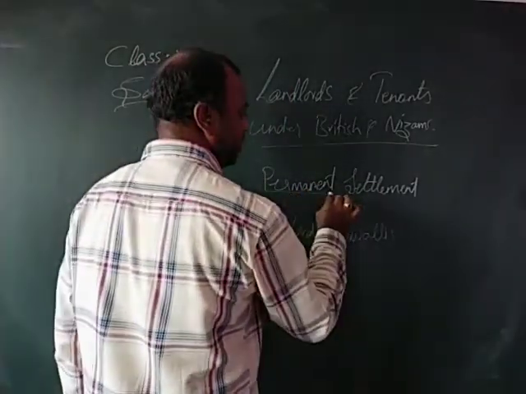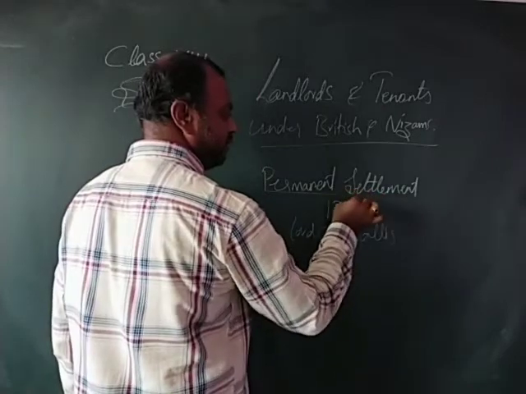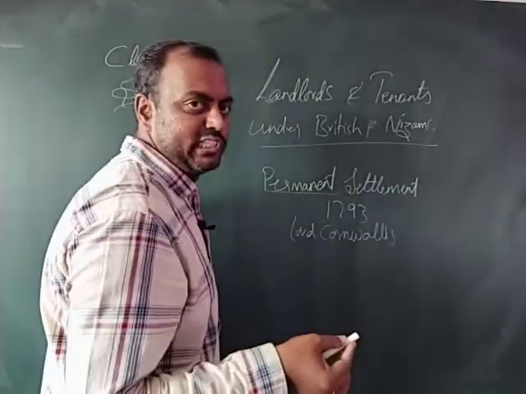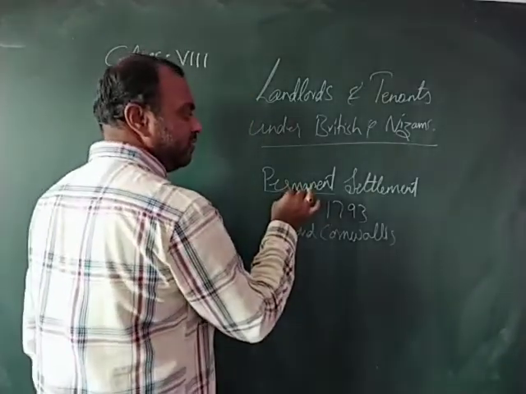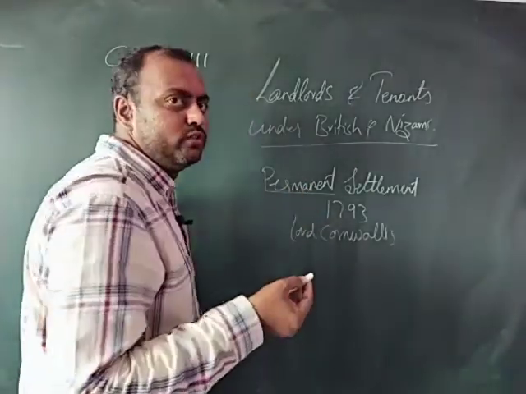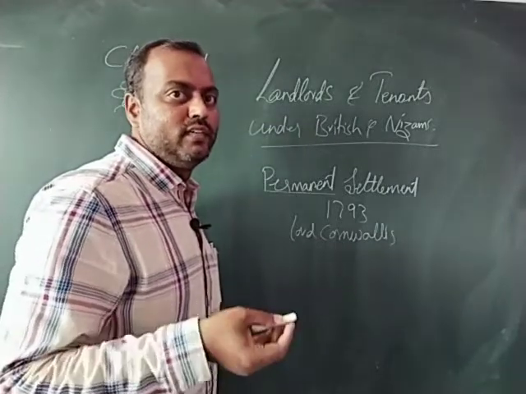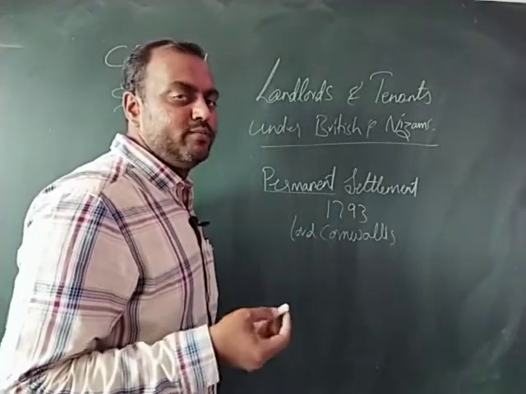Permanent settlement means that whatever the Jamindar agreed to at the auction remains the same throughout their lifetime. It is permanent. For that reason, the revenue of the government could not increase, could not hike. As a result, they faced many problems.